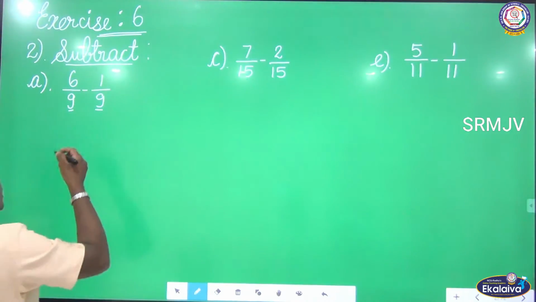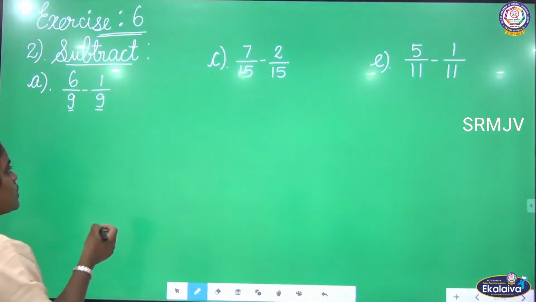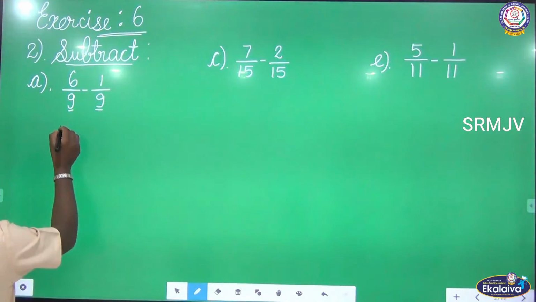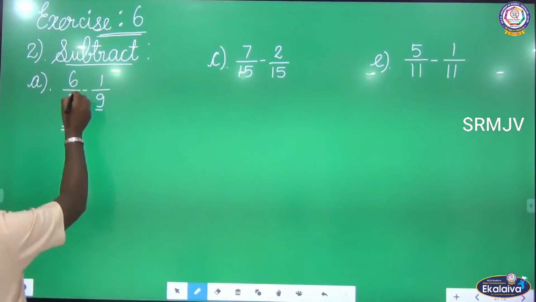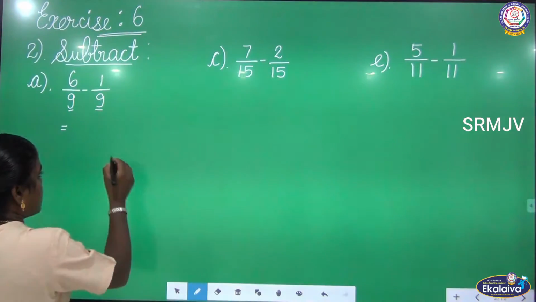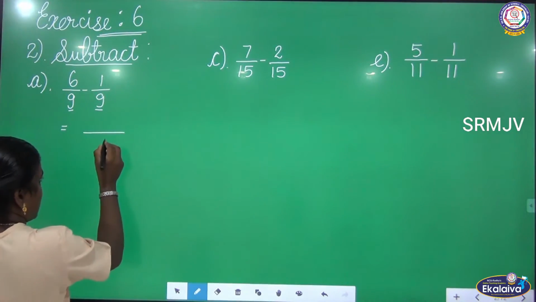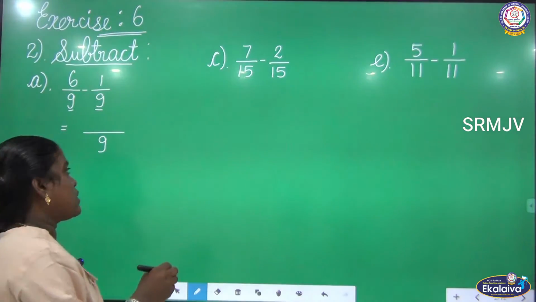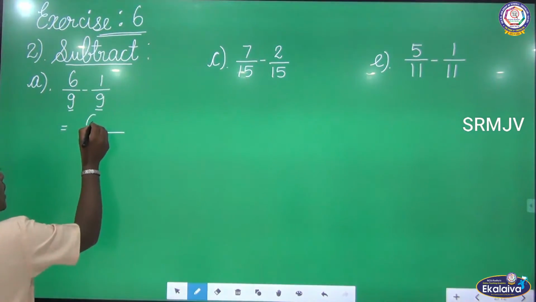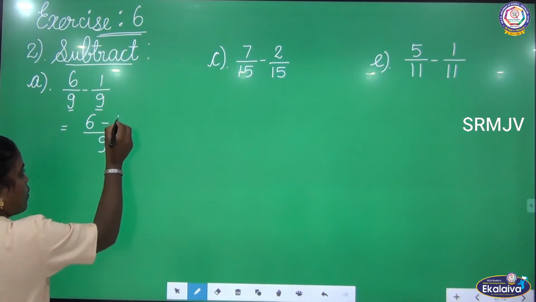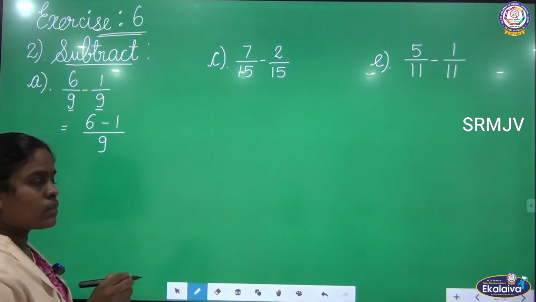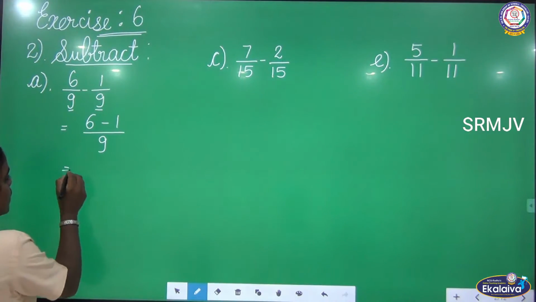So here the question is 6 by 9 minus 1 by 9. So I have told you already, if the denominators are same, the denominator remains the same and you have to subtract only the numerators. Here the numerators are 6 and 1. So subtract the numerators 6 and 1, you will get 5.